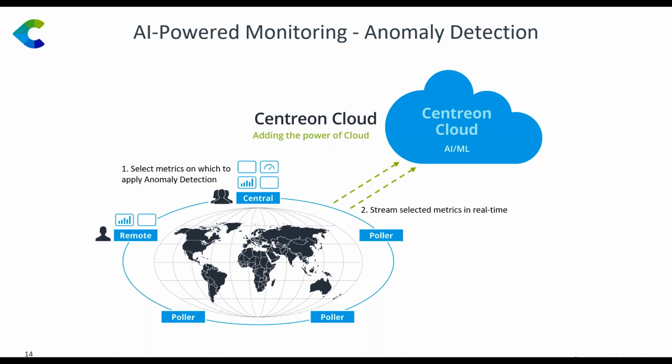For those who are familiar, this is using another usual tool of Centreon, which is the stream connector. So now that the data arrives in our platform, everything I explained before is done for you. Whether it is the history span or the horizon, all this is prepackaged for you, and the magic happens within our platform.